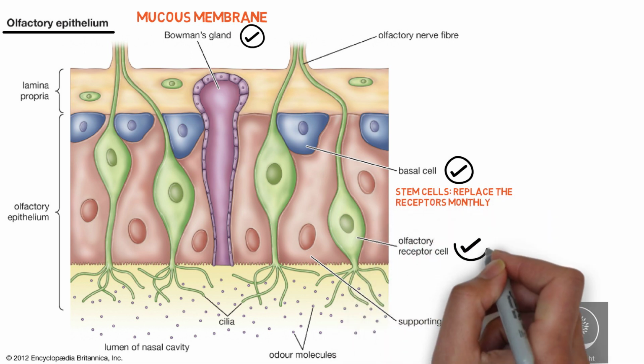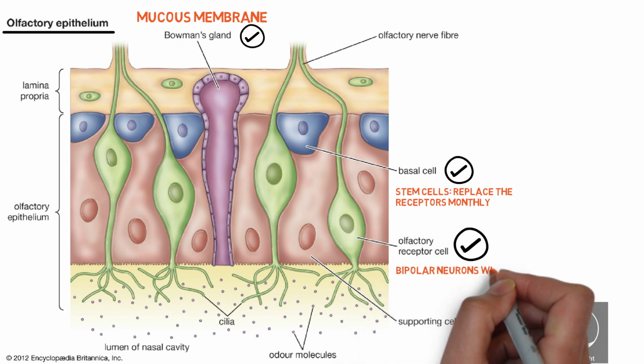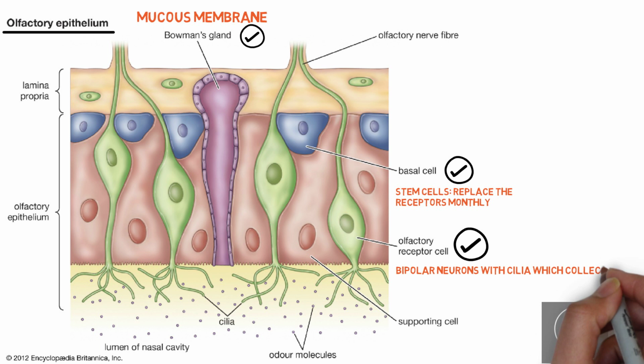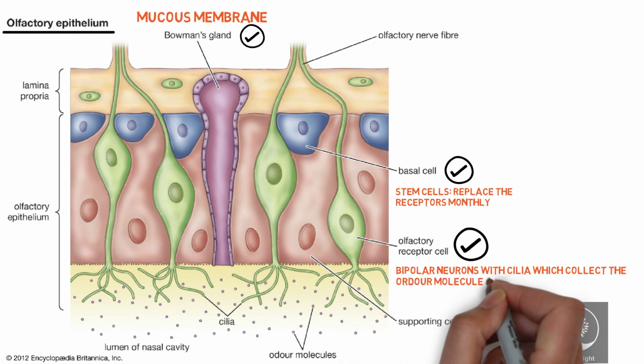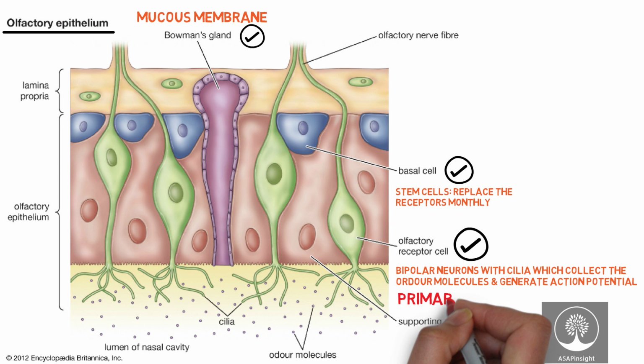Another important cell is the olfactory receptor cell. These are bipolar neurons, which consist of cilia that collect the odor molecules from the nasal cavity. They also consist of receptors that generate action potentials. Therefore, they are also the primary neuron.